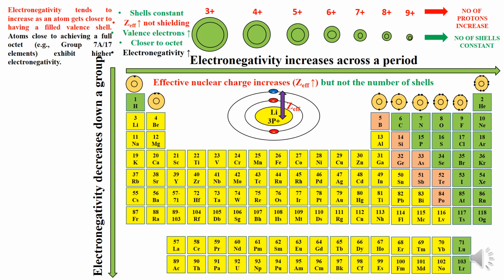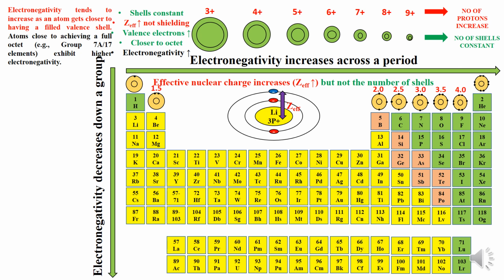So electronegativity tends to increase as an atom gets closer to having a filled valence shell. So atoms close to achieving a full octet exhibit higher electronegativity. So beryllium has electronegativity value of 1.5, boron 2, carbon 2.5, nitrogen 3, oxygen 3.5, and fluorine 4.